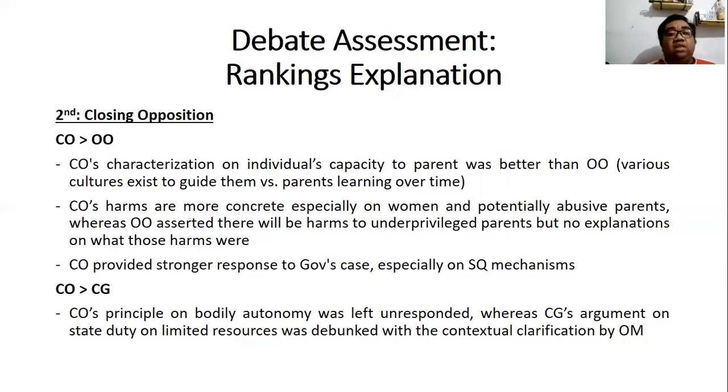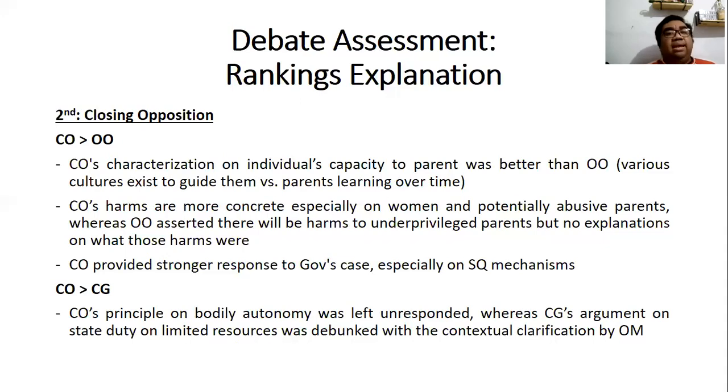The second reason is we felt that closing opposition's harms are more concrete, especially on women and also potentially abusive parents, whereas opening opposition asserted that there will be harms to underprivileged parents or parents that are socioeconomically poor, but there's just literally no explanations on what those harms were and why those harms were in particular that impactful and therefore should be prioritized in the debate.